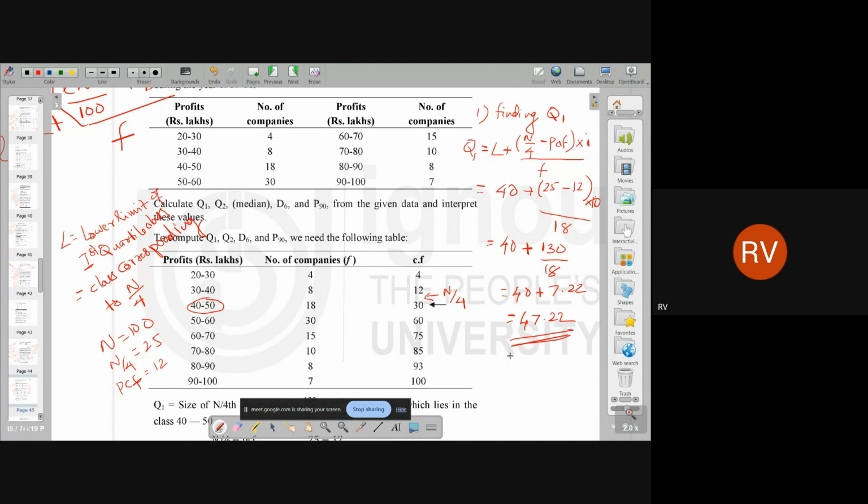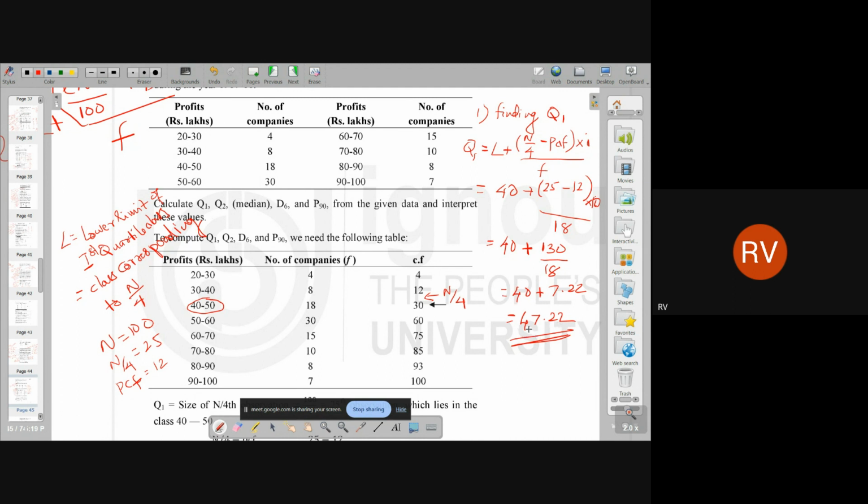What does it mean? 47.22. 25% of companies earn an annual profit of less than 47 lakhs.